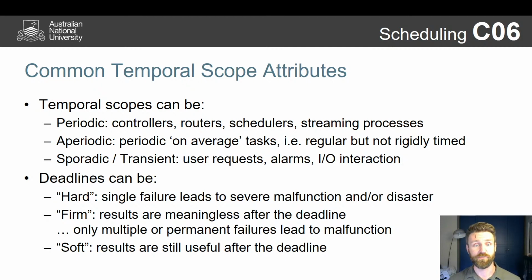There are other kinds of systems that are on average periodic but not rigidly timed. These are kind of softer systems. They might be occurring in response to processes outside of the system that are regular, but there's no direct lockstep synchronization between our computer system and the regular process that's happening in the real world.